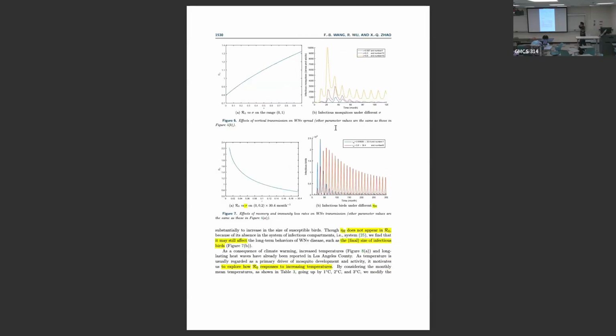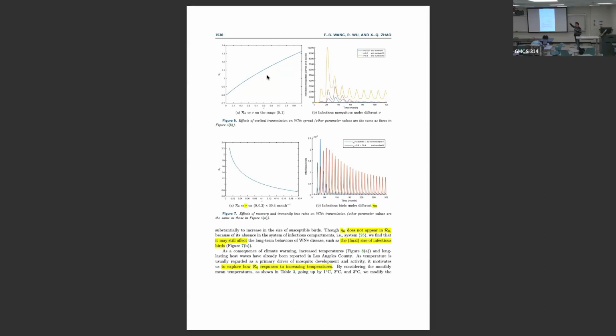And the final design is, okay. Here, sigma represents the vertical transmission. So you can see R naught increases when the probability is higher. It makes sense.